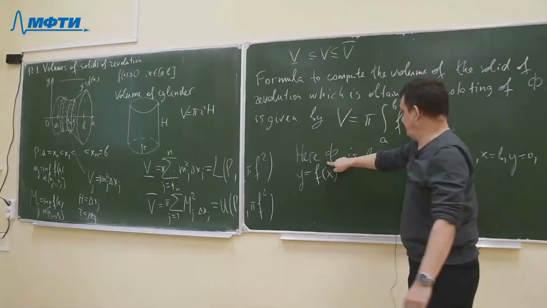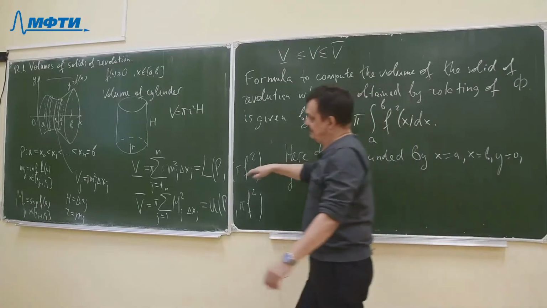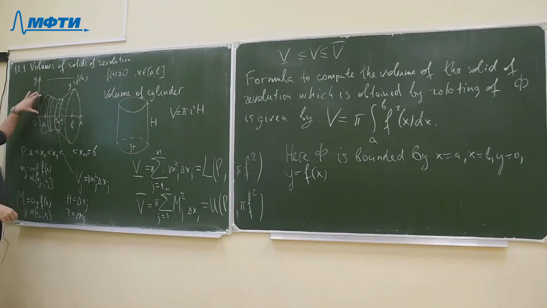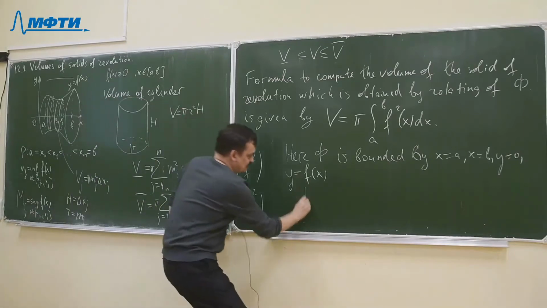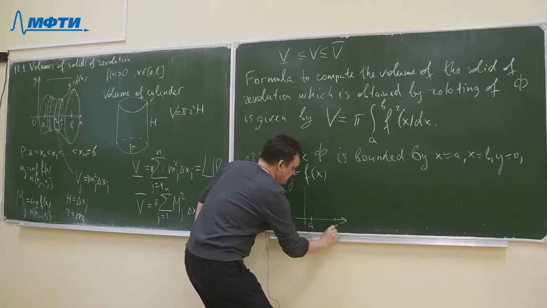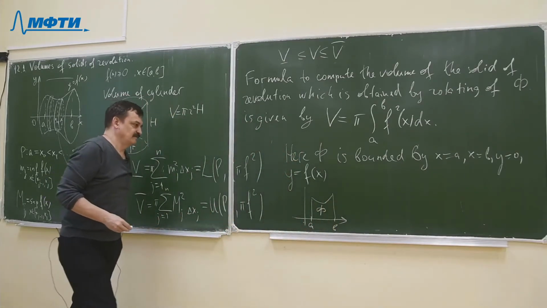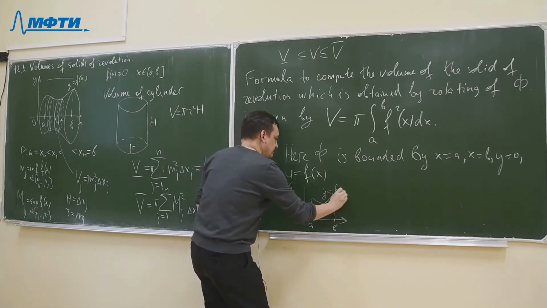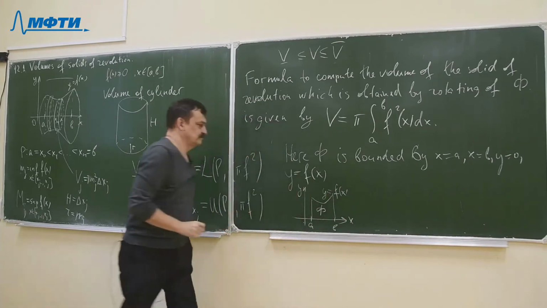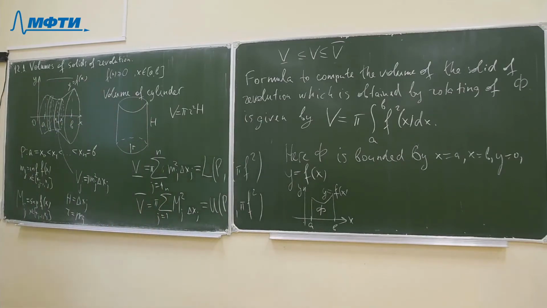What is capital phi? It is the figure which I rotate, bounded by this. That is figure phi. The biggest cylinder will be at the end of revolution because it has the maximum f of x.